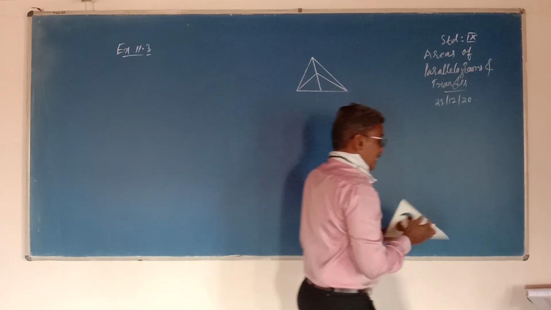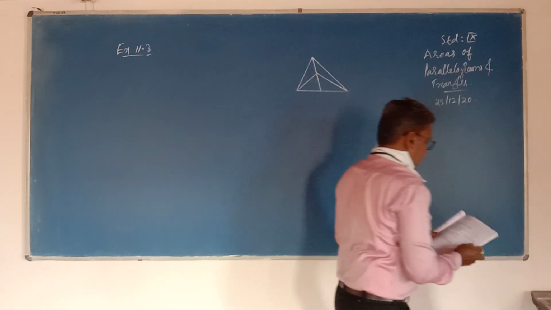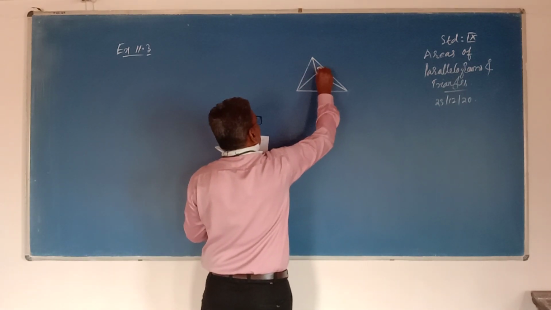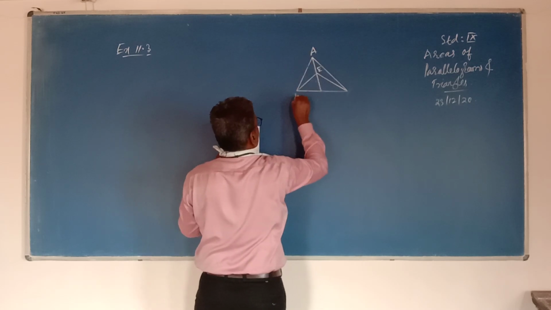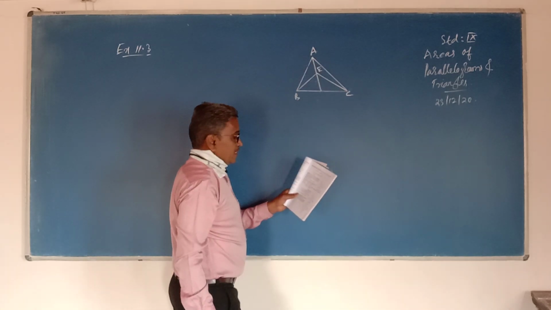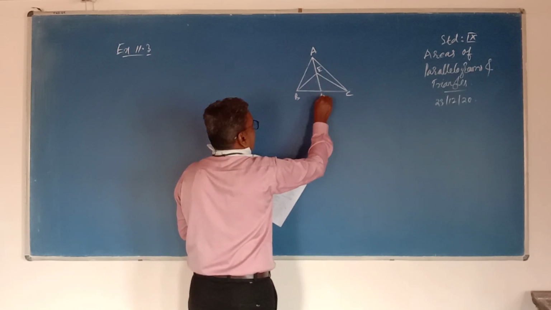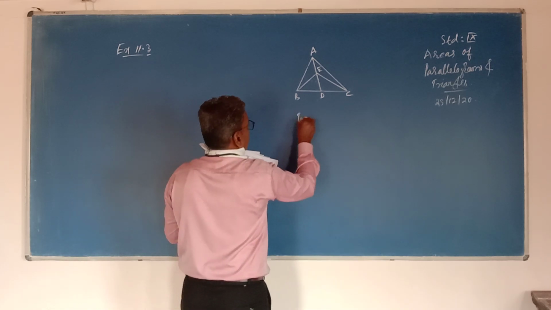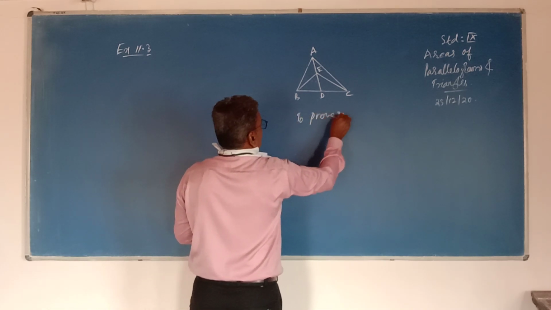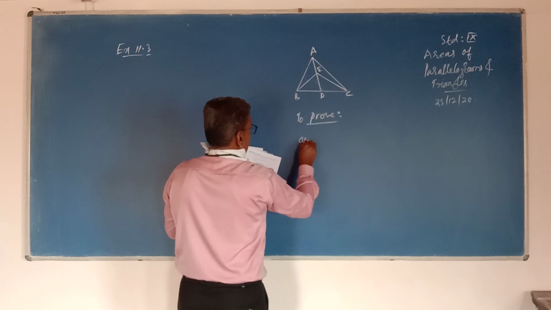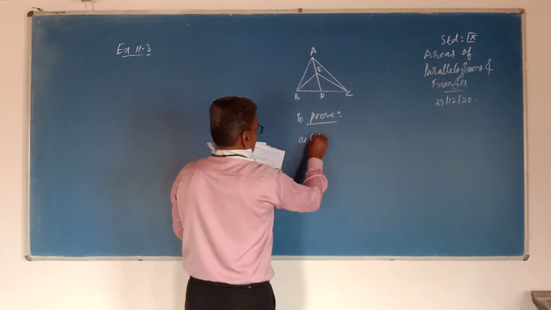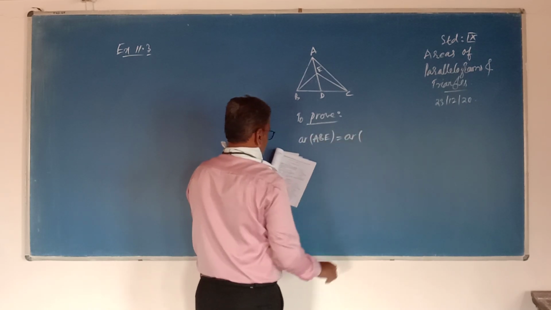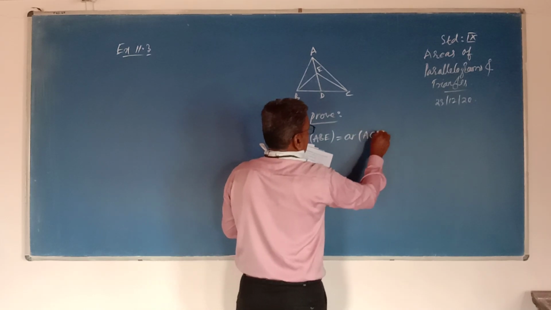First work is to clarify what it is. In the given figure, ABC is a triangle. E is any point of the median AD. Triangle ABC. Then prove that the area of triangle ABE is equal to the area of triangle ACE.